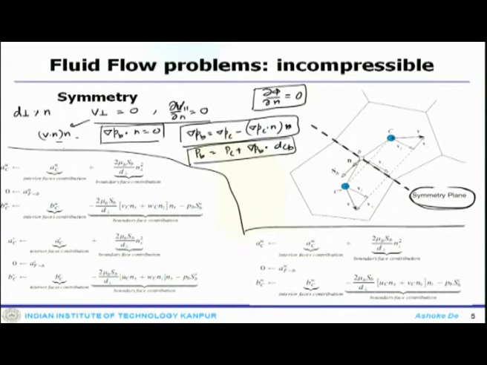So, this is your x momentum equation, the coefficient AC will come. The superscript u stands for the u velocity component, v stands for the v velocity component, w stands for the w velocity component, and there would be a contribution from the interior faces, and then there is a boundary face contribution which will be 2 mu SB nx square by d, the normal distance.